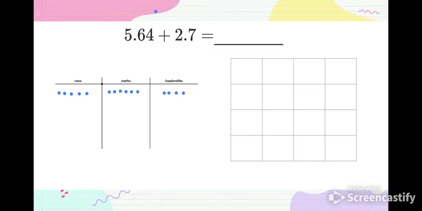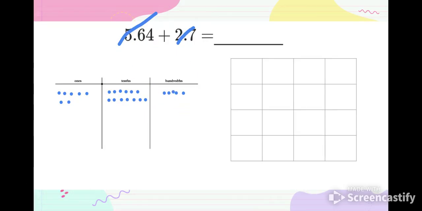Okay, so we've got this number done. So now let's go to our second addend. I've got 2 ones here, and then how many tenths do I have? I've got 7 tenths. So 1, 2, 3, 4, 5, 6, 7. Okay, so now I have to add all these together and see what number I have.